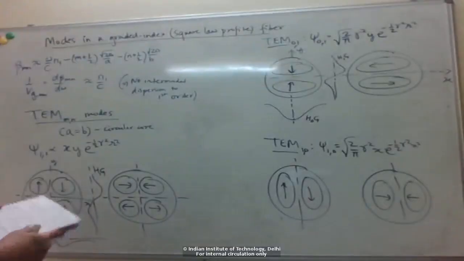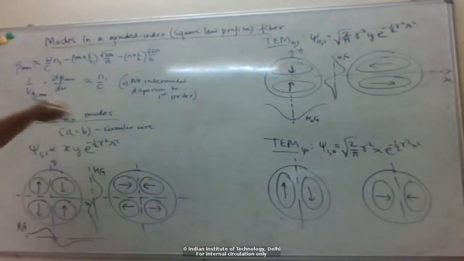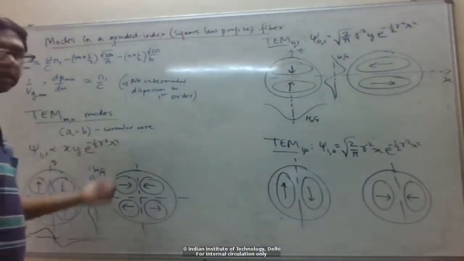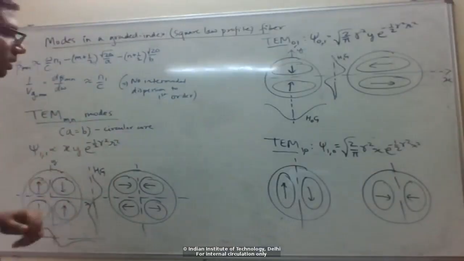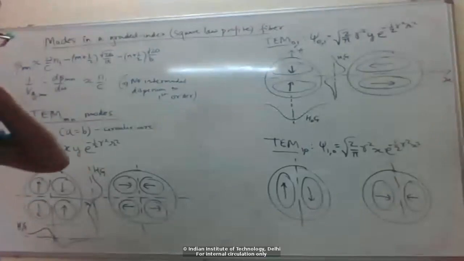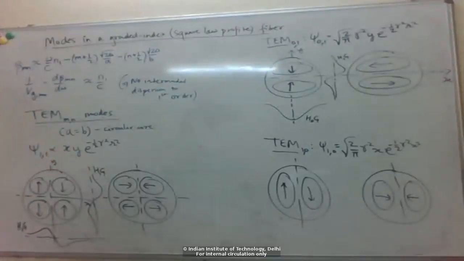So yeah, that's basically a discussion on the TEM modes, which we solved using Cartesian coordinates. Okay. The next thing we'll do is we can also solve it in the cylindrical coordinates, right? Because the structure has cylindrical symmetry. So, for example, in the step index, we solved it in cylindrical coordinates.